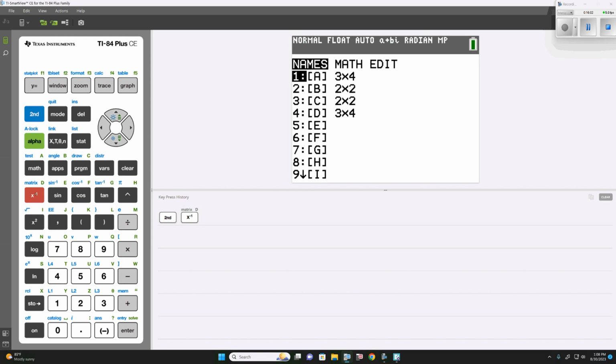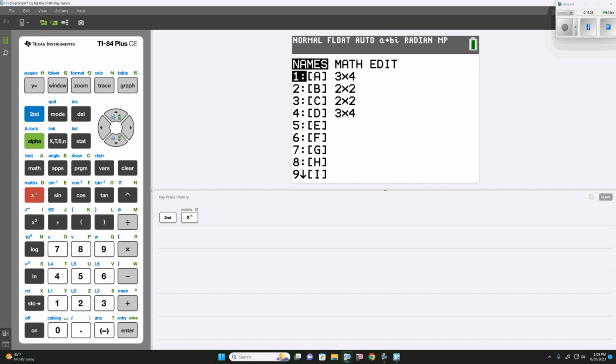So you went second x to the negative 1, yes? So it looks something like this, yes? One more time, the 3x4, 2x2, 2x2, and 3x4 may not be there, but is everything else there?